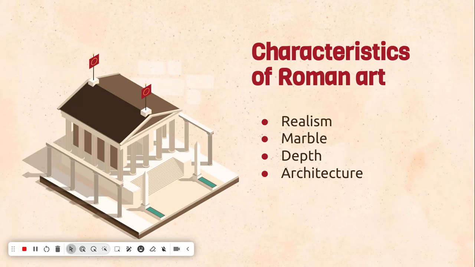I think it's really important to understand what Roman art was. So first is realism. Realism was really a big idea because if you looked at a painting, you thought it was alive. You thought it would reach out and touch you, or vice versa. And that also led into the depth characteristic. Depth was like you thought it was 3D.